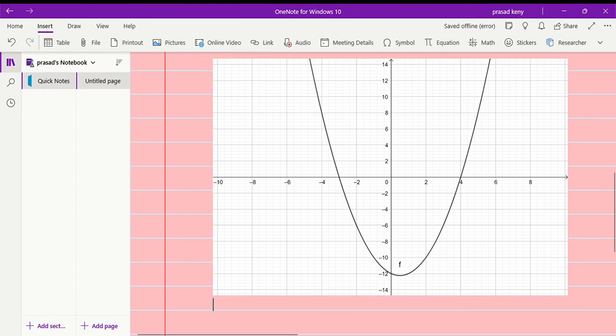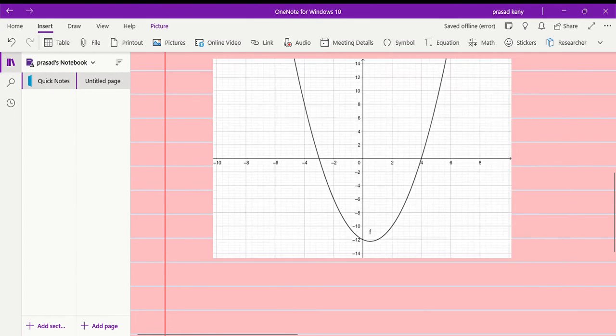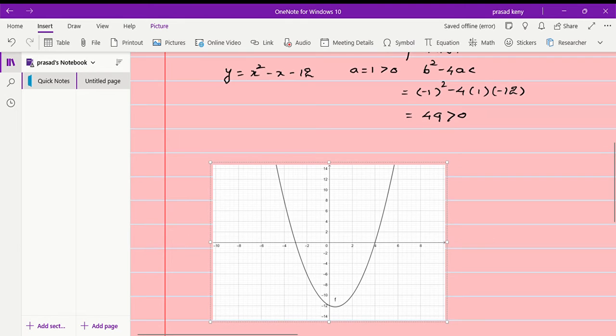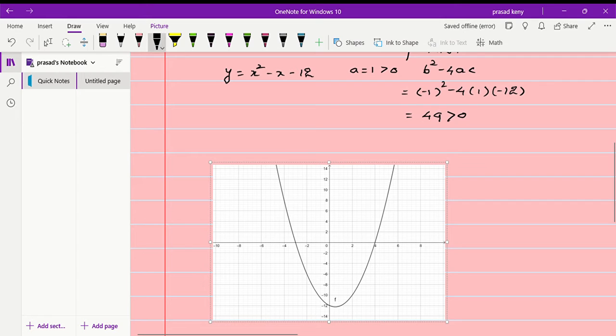So as you can see here, this is the graph of the quadratic function y is equal to x square minus x minus 12, and since a is positive 1, it is a U opening upwards with a minima, and since the discriminant is positive, it is intersecting the x-axis in two separate points.